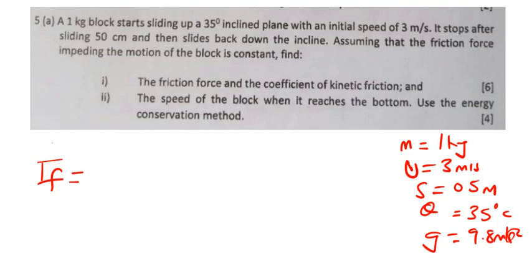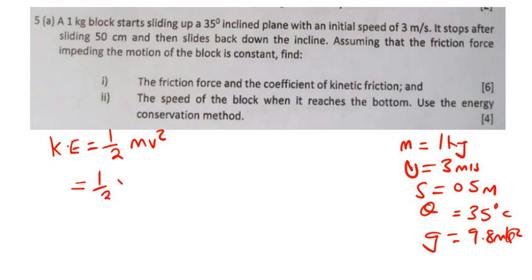So we're going back now to our principles. What was the kinetic energy initially when this object was moving? Kinetic energy is equal to half mv squared. In this case it will be half multiplied by the mass. What is the mass?